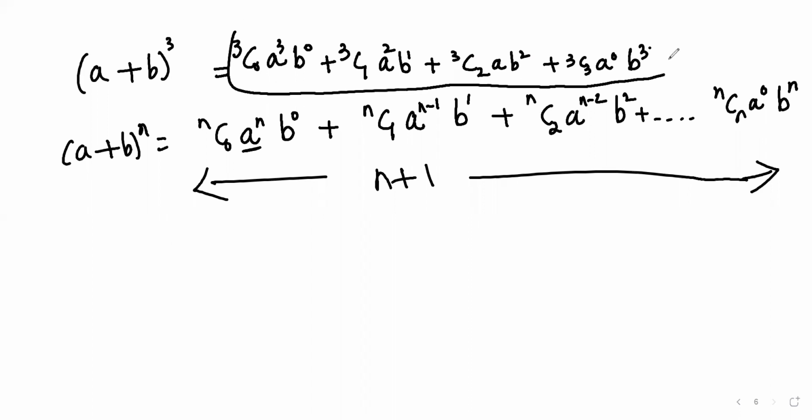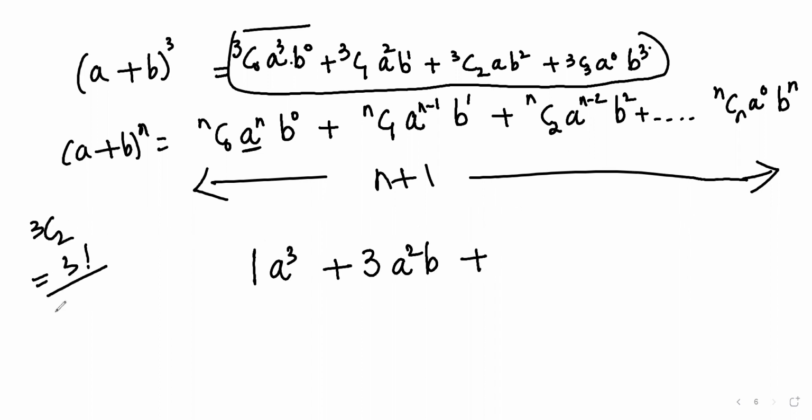There are 4 terms. 3C0 is 1, so a cube, and b^0 is 1, plus 3C1 is 3 itself, a square b, plus 3C2. We just calculate 3 factorial by 2 factorial into (3 minus 2) factorial, which is 1 factorial.